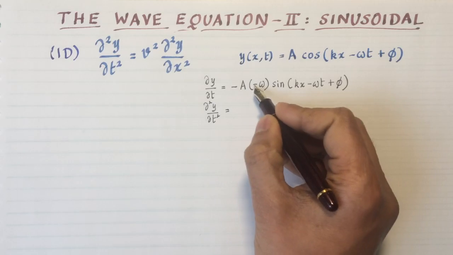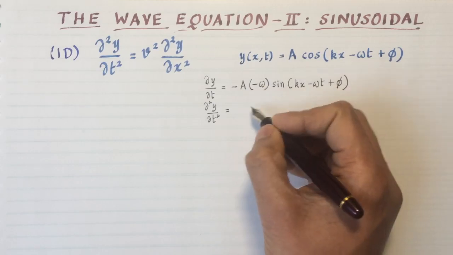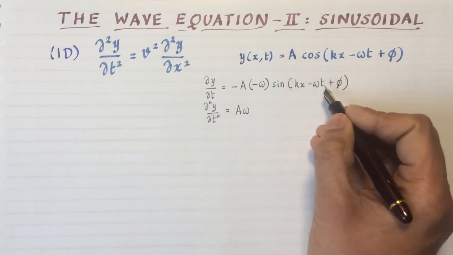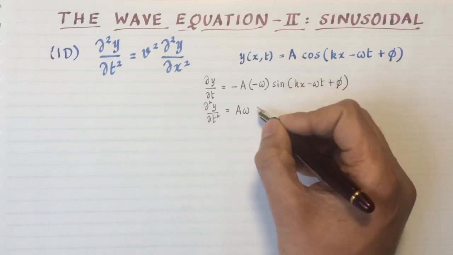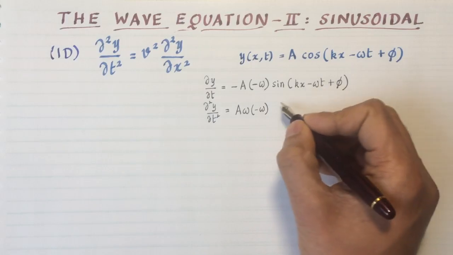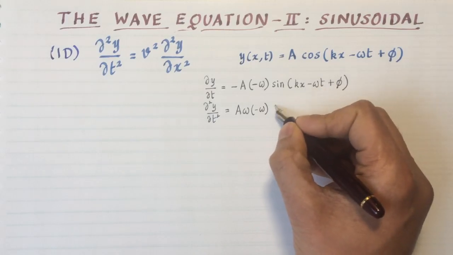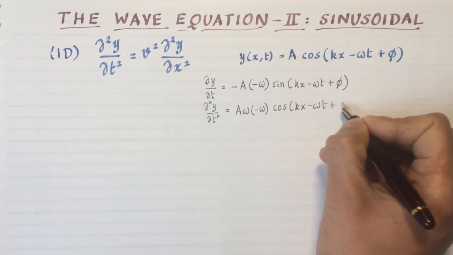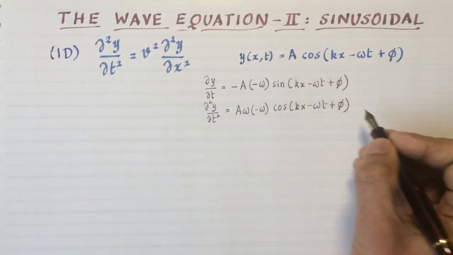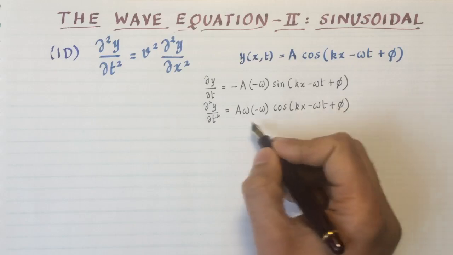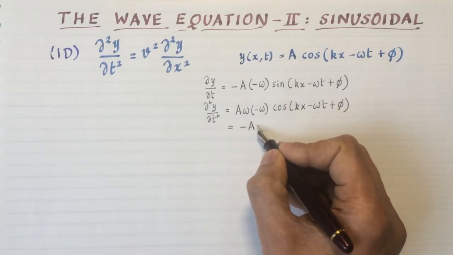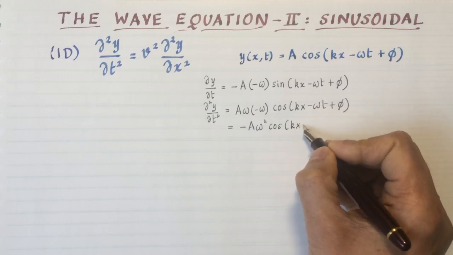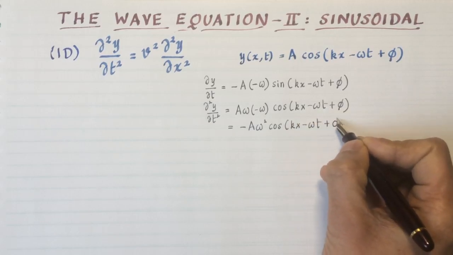The two minus signs cancel out, so that's A omega. And now when I differentiate again, I'm going to pull a negative omega out here. So I get that times cosine of kx minus omega t plus phi. Let me rewrite that. That's going to be negative A omega squared cosine of kx minus omega t plus phi. So I'm done with the time derivatives.